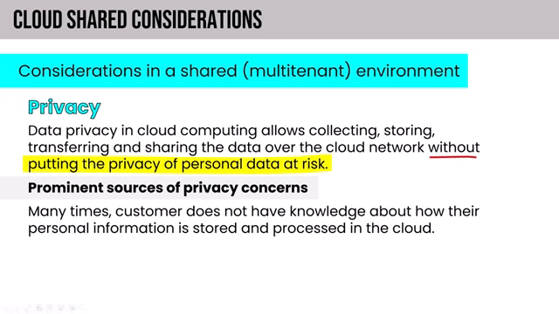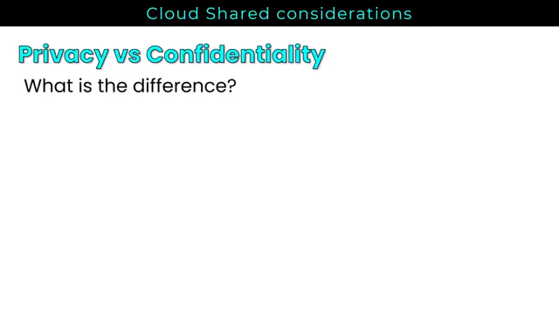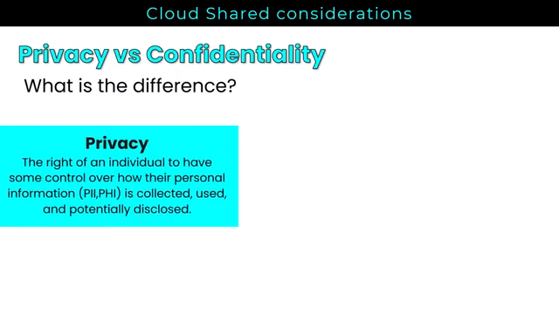And then the reality that we have had data breaches in recent years that have brought data privacy to the forefront as a crucial factor in cloud computing. Now, privacy versus confidentiality. I wanted to touch on the difference here. Privacy focuses on the right of an individual to have some control over how their personal information, their personally identifiable information, their protected health information is collected, used, and potentially disclosed.